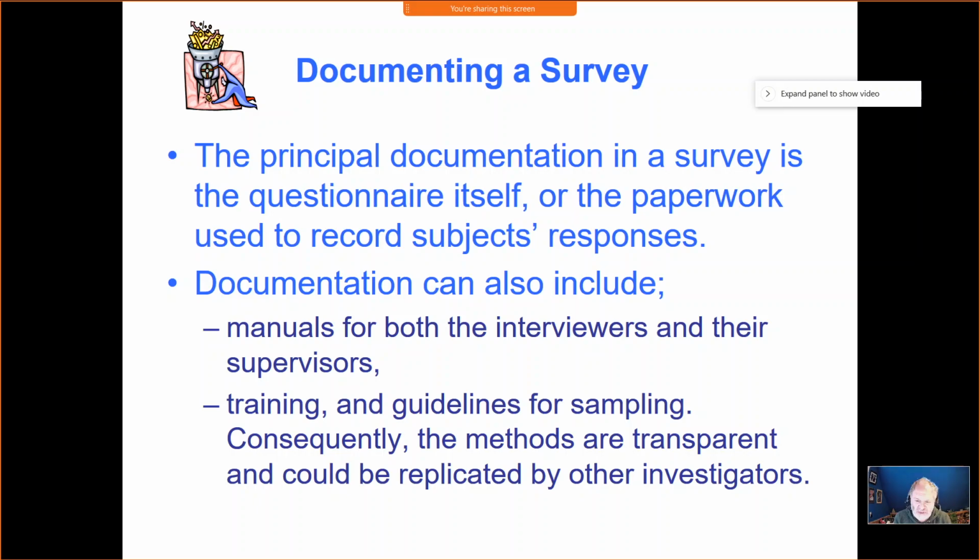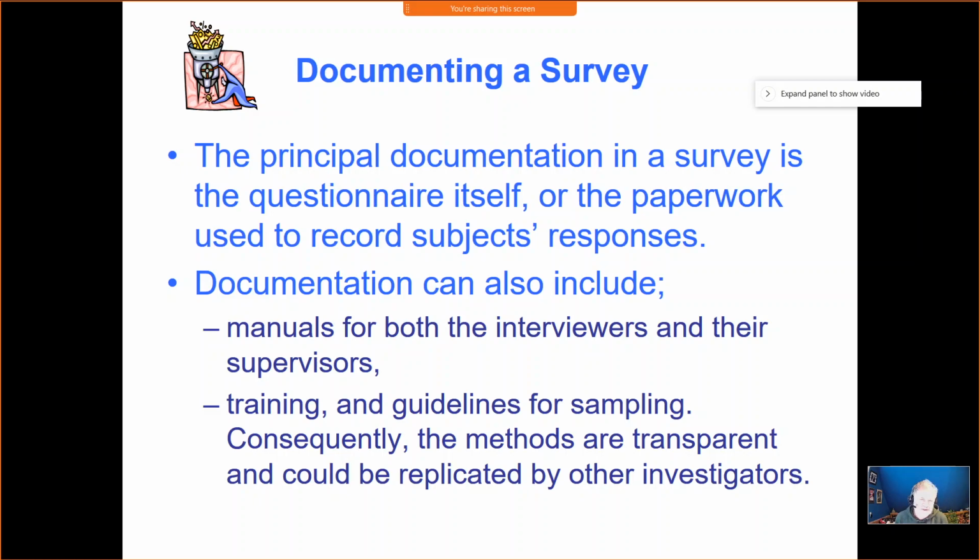The documentation can also include manuals for both the interviewers and their supervisors. So the documentation can say, okay, here is the training that was done for the interviewers, and here is the exact script that they followed. That would be more for CATI-based surveys, and CATI means computer-assisted telephone interviewing. In the old days, and they probably still do it to some extent, you'd have all the telephone numbers, and you would start randomly picking numbers.